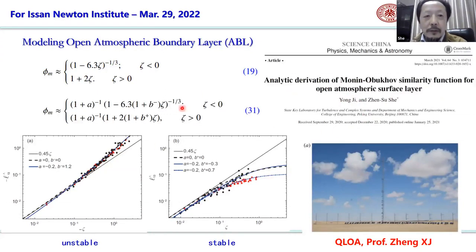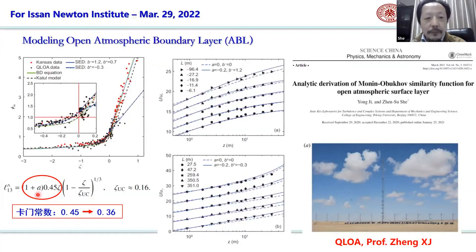And we have this function for the first time where we are able to derive a non-adjustable parameter formula with no pressure effects. And we are able to represent the pressure fluctuation effects by the two parameters A and B. And parameter A, particularly, is the one which explains the shift of the Karman constant from 0.45 to 0.36. And we have an interpretation now.